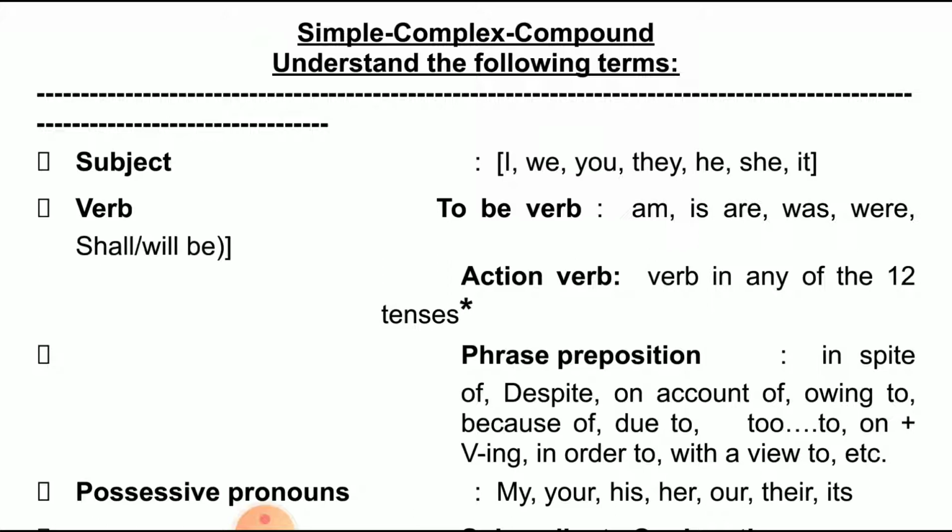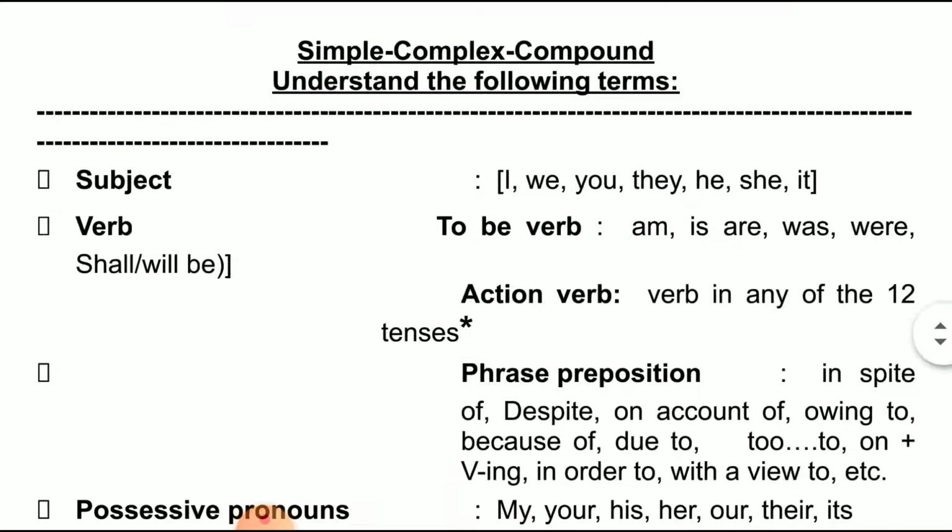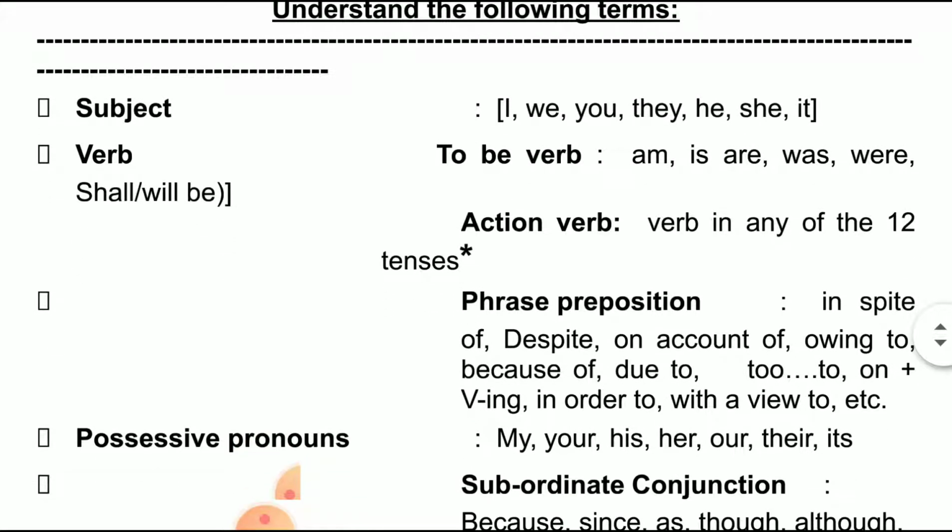So, what is given in a simple sentence instead of the second verb that is given in the complex or compound sentence? These are the questions that will be answered when you understand the given terms. So, let us go ahead now.